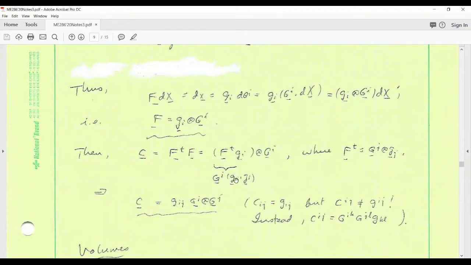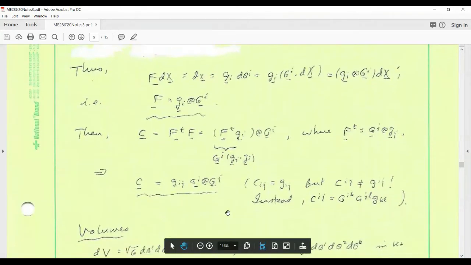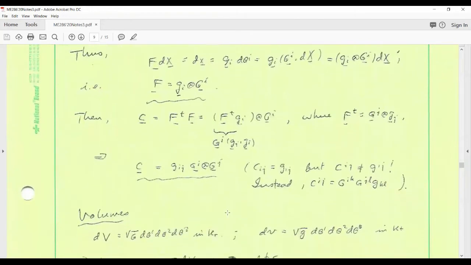So then I have the metric g sub JI, G super J tensor product G super I, which is the same as this if I simply relabel I to be J and J to be I. This is the same as this. So this gives you a nice interpretation of the metric induced by the curvilinear, the convected coordinates in the current configuration.